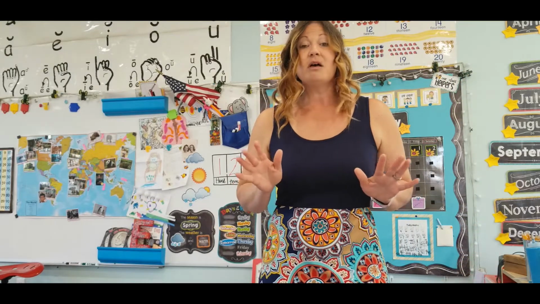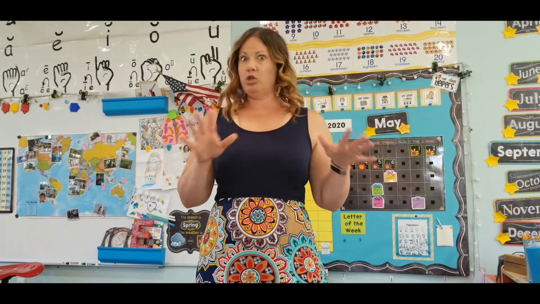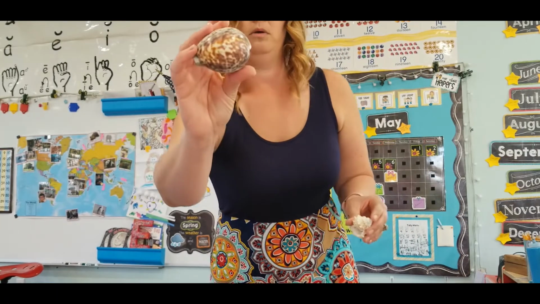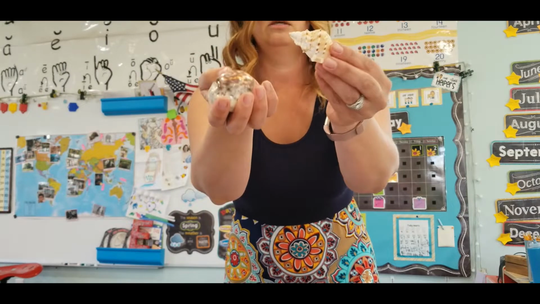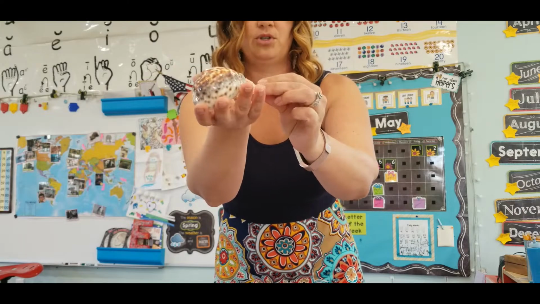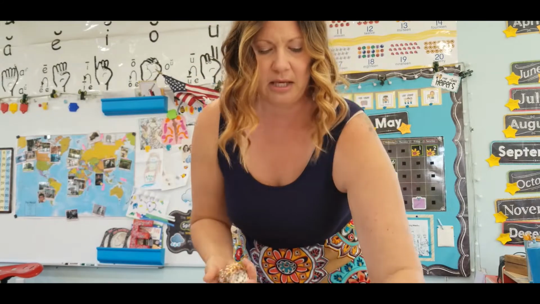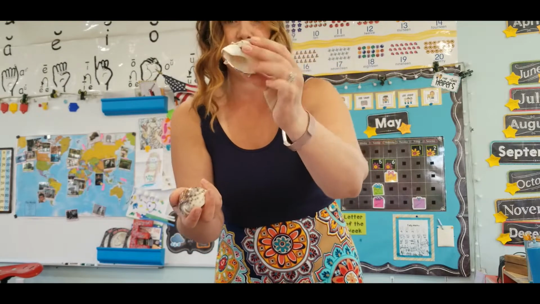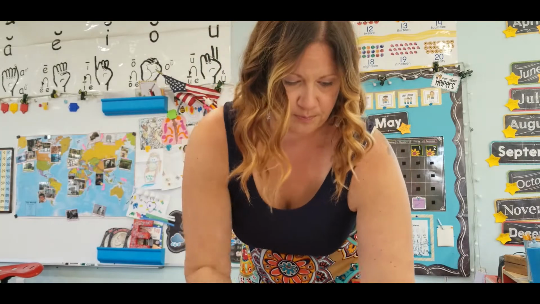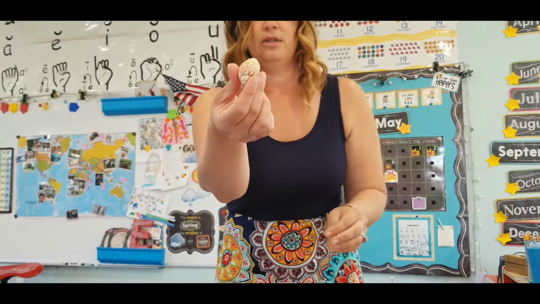Now, shells. I have a science experiment for you about shells, because they come in all shapes and sizes and colors. Let me show you a few that I have actually. Okay, well, look at that. Sometimes they're bumpy, sometimes they're smooth, sometimes they're dark colored, sometimes they're light colored, sometimes they're big, sometimes they're small, sometimes they're stripes, sometimes there's dots.